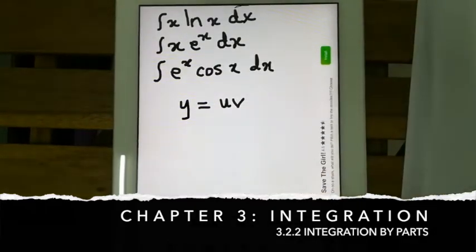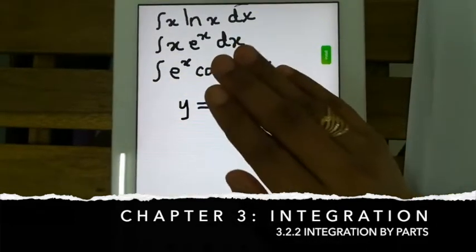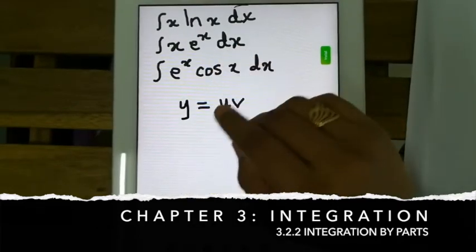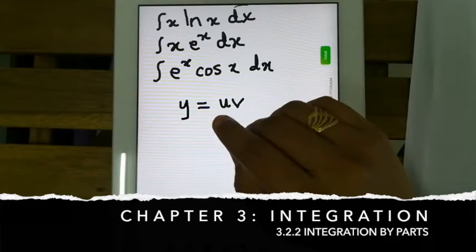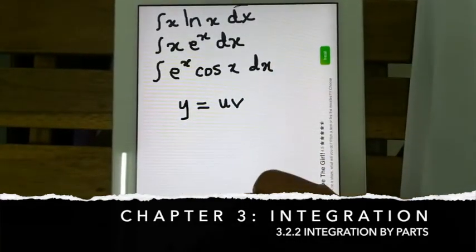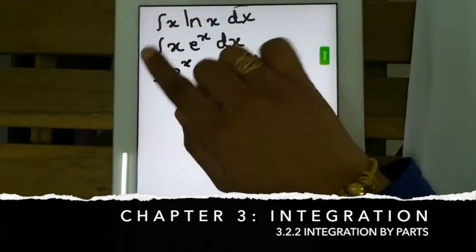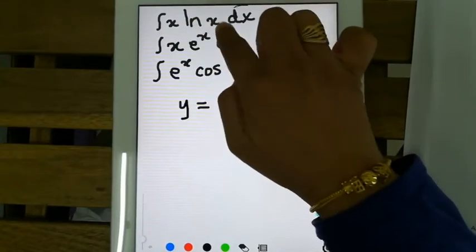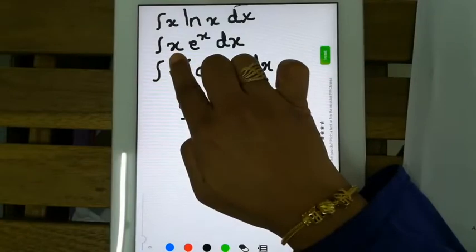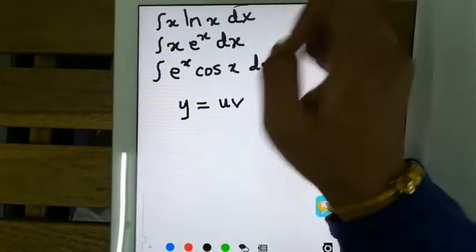To do integration by parts, you need to first understand the formula for integration by parts. Let's start with this simple one. If you notice in these examples, x is one function, ln x is another different function. Second example, x is one function, times e^x, another function.